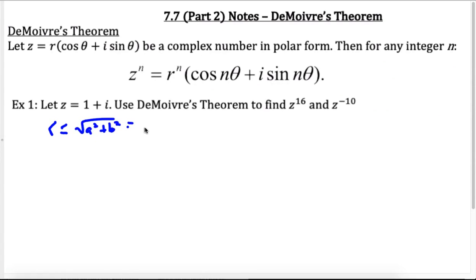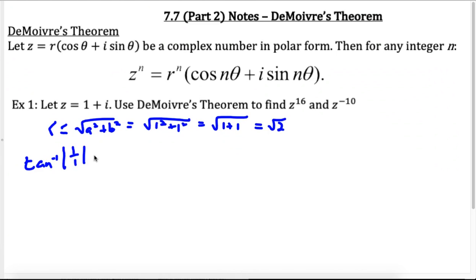That would just be the square root of 1 squared plus 1 squared, which is the square root of 1 plus 1, which will be the square root of 2. And then we need to find theta. To do that, we find the reference angle. We want to find the inverse tangent of the absolute value of b over a. So b over a would just be 1 over 1, which would be the inverse tangent of 1.